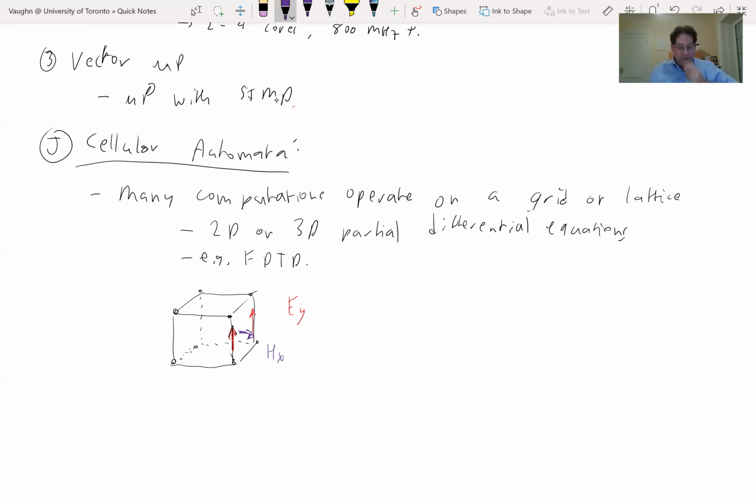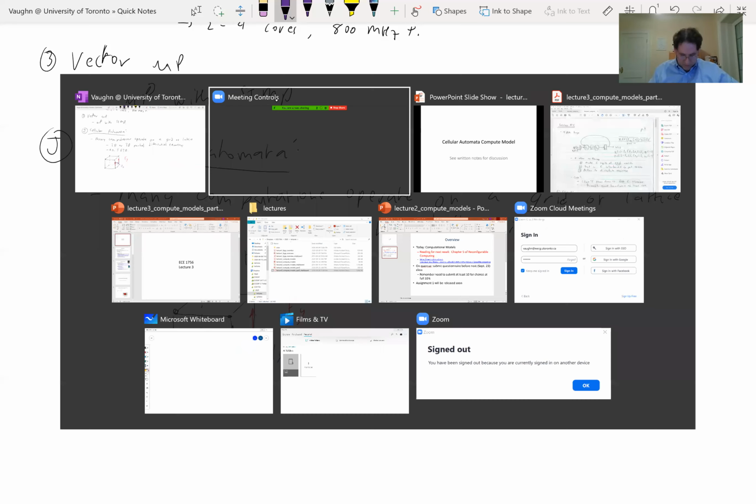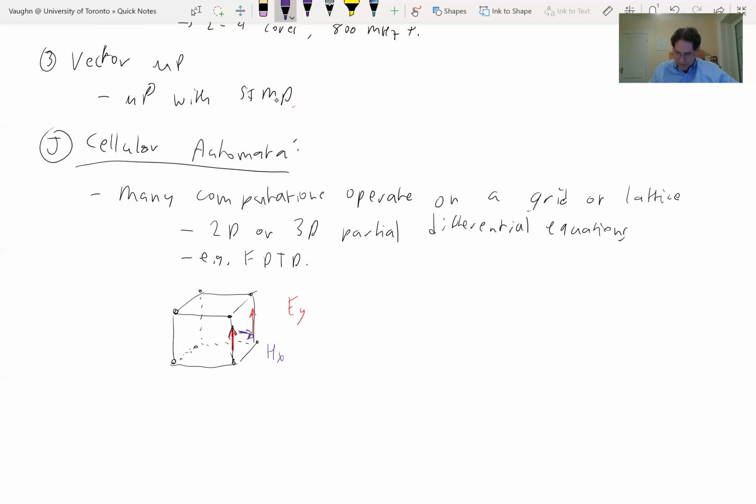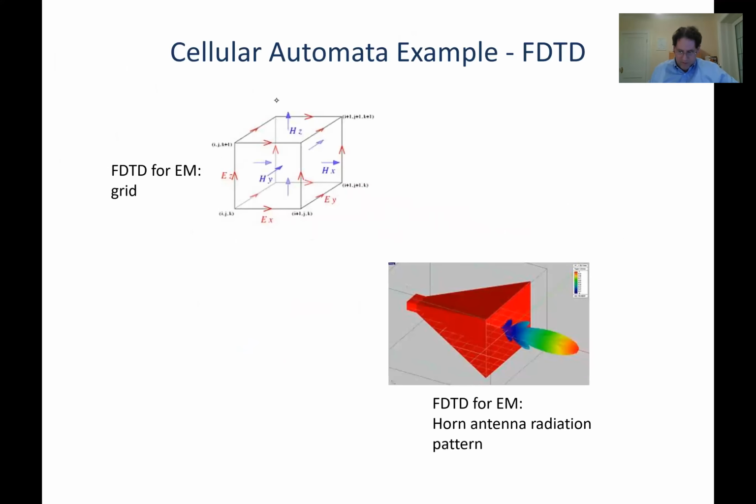And that can be useful in a lot of different things. So let me quickly show you a picture that is better than what I can draw. This is a more complete picture of a little piece of a lattice for a finite difference time domain solver. I've got a bunch of different directions of electric field and magnetic field.